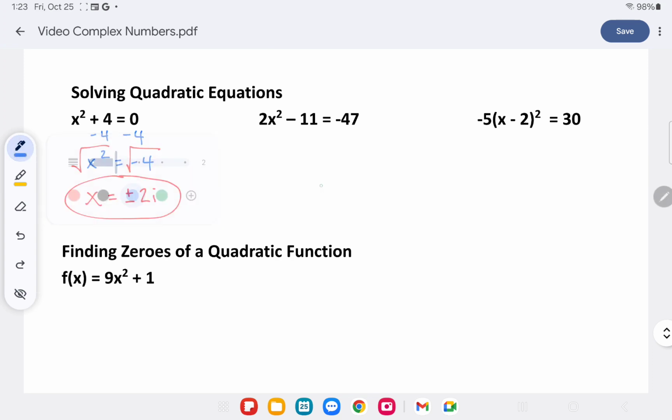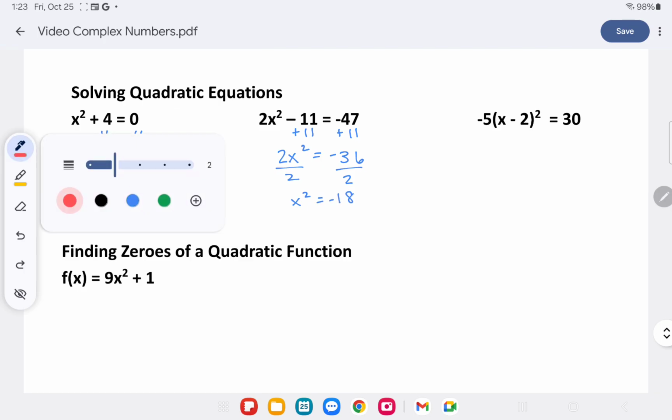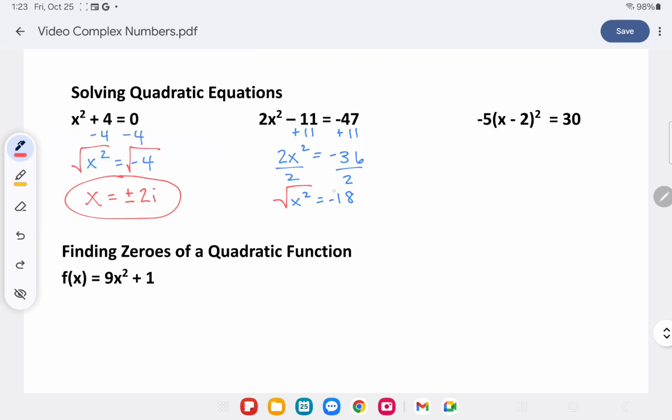So similar thing with example 2. We're going to solve using square roots since we can isolate the x pretty easily. So when I try to isolate the x, I'm just getting rid of one thing at a time to get x by itself. Now I need to take the square root of both sides.